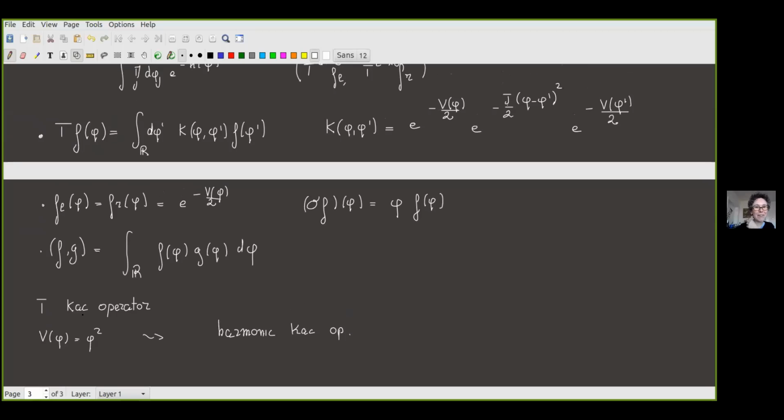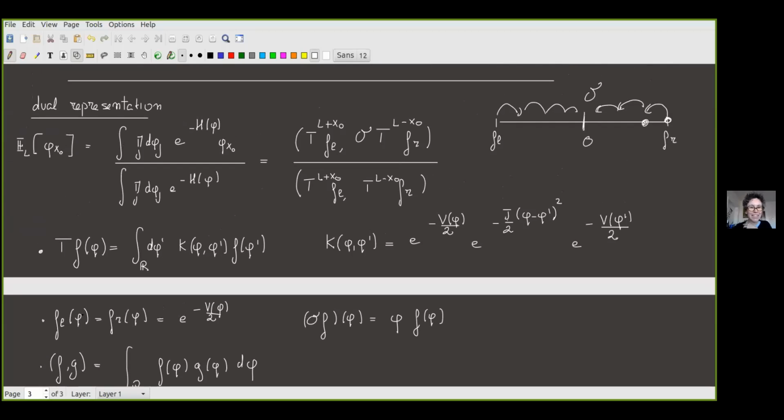Okay, so let's compare a bit what we gained. Here we have 2L plus 1 variables, with L going to infinity. And here we have an operator acting on functions on R, so one or two variables. The point is that this capital L, the volume, is now just a parameter.